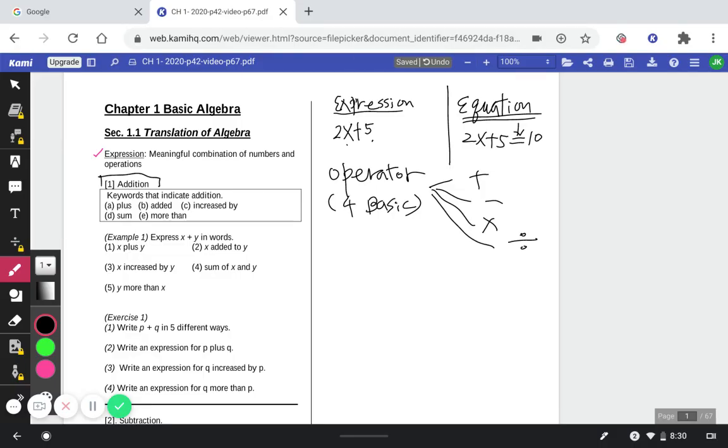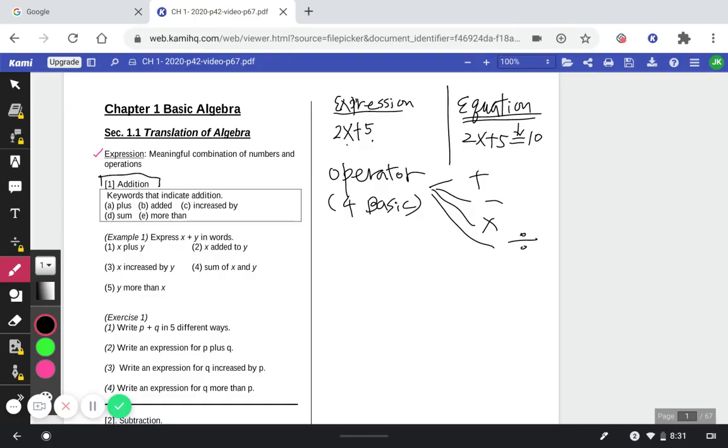Words, or vocabulary or keywords, that indicate addition are plus, added, increased by, sum, and more than. So those are the 5 typical keywords or vocabulary that indicate addition.